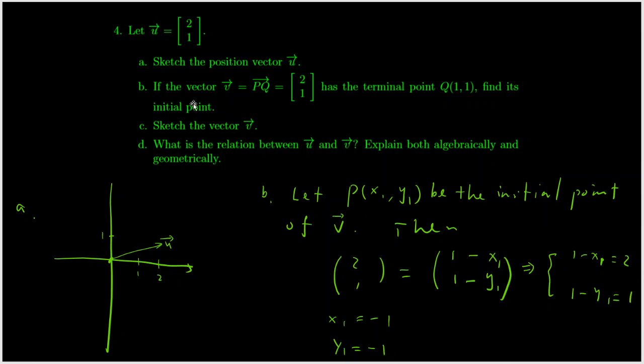So point P has the coordinates (-1, 0). So we have the initial point P, right?